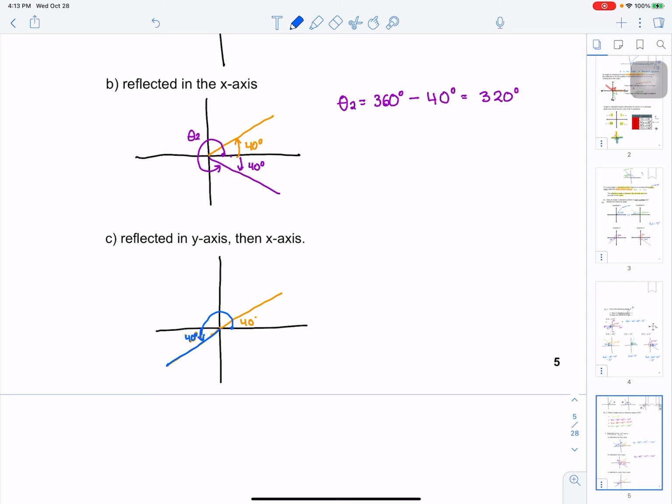So this question is literally like the one we just did, except they don't tell you it's a reference of 40 in each diagram, but because I'm reflecting it, it is a reference of 40. So this angle in blue, starting from the positive x-axis in standard position, moving in a counterclockwise direction, stopping at this line. When I get to this line, I've traveled 180. And then I travel 40 degrees more than that 180 line, and I get 220 degrees as my angle.